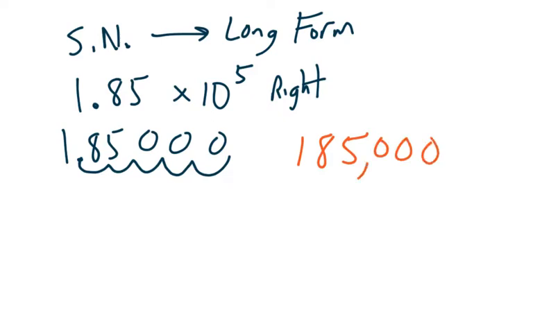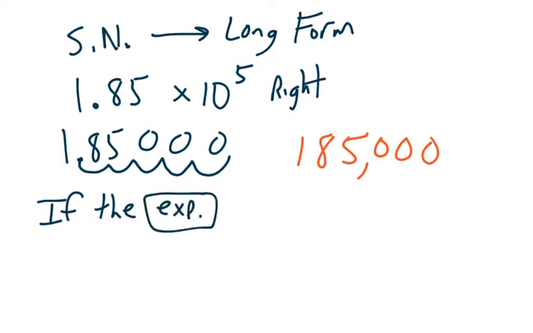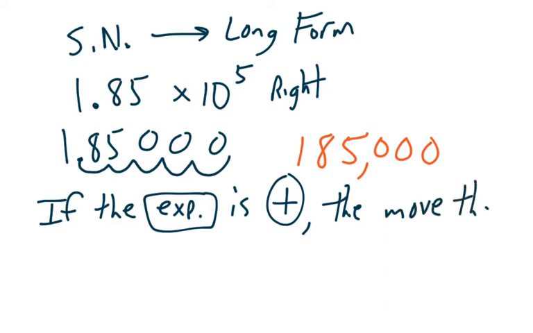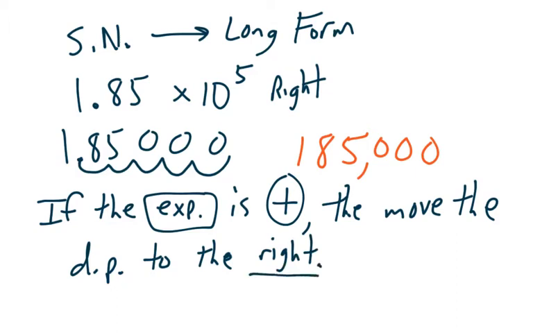Now notice when we're going backwards, here's the rule. If the exponent, okay, again I'm abbreviating, is positive, then, notice what we did, then move the decimal point to the right. And that is what we did in this example.